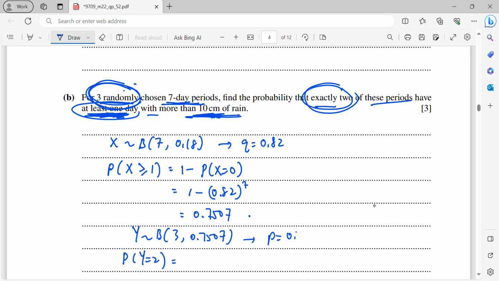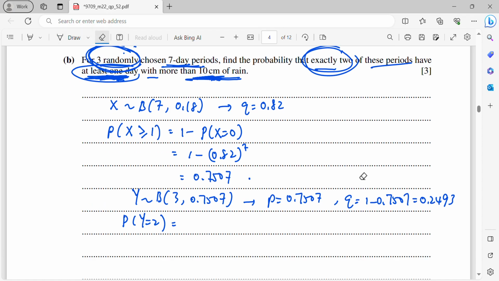My p is 0.7507, then my q is 1 minus p, which is 0.2493. So that is the meaning of this question. When P(Y = 2), it will be 3C2, 2 successes and 1 failure. At last you will be getting 0.421 for the answer, correct to 3 significant figures.